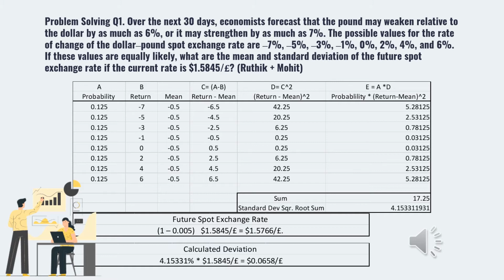Further, we multiply this value with the probability. As shown in the workings done by Mohit, the sum equals 17.25 as the variance. To find the standard deviation, we find the square root of the total sum, 17.25. The standard deviation, the square root of 17.25, equals 4.15331.